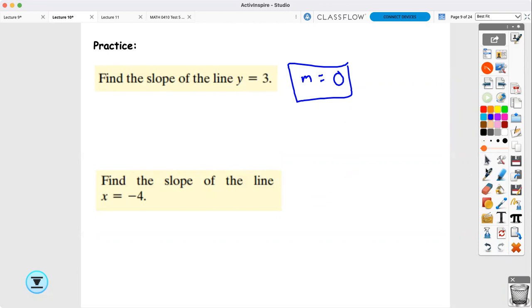Any volunteers? What did you get for the slope for x equals -4? Would it be no slope? No slope, yes. Another way to say it, other than no slope? Undefined. There we go, or undefined.